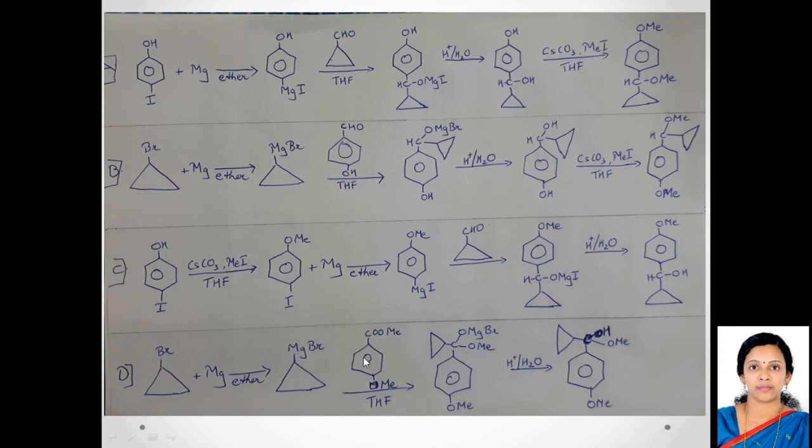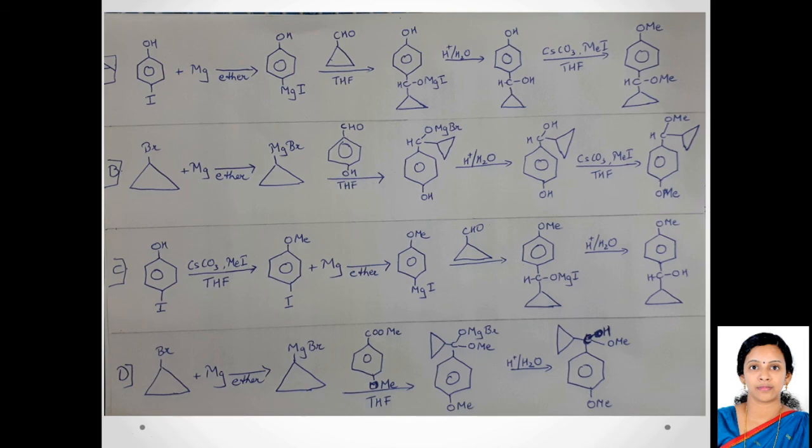So that when you react, again you have a carbonyl C double bond O here, which will react with the C-Mg bond here. You will end up with a product like this. On hydrolysis, you will give this product. Now this is nowhere near the product that we want. So this is also wrong. So the right strategy to get the product is option C. So option C is correct.